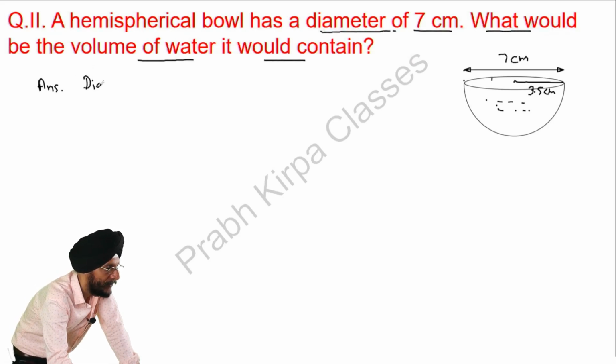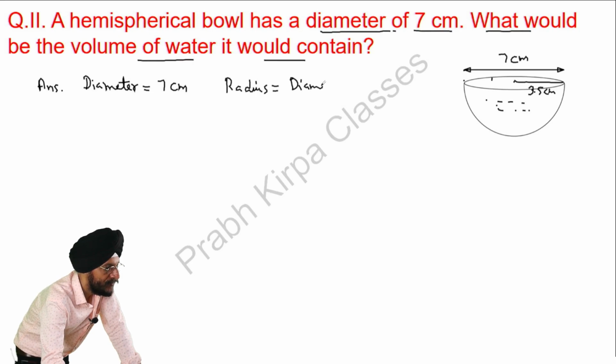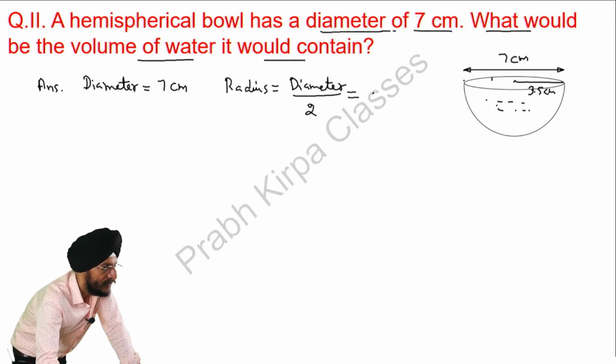So now we will answer this question. What we have been given? We have been given the diameter. This is 7 centimeter. We know that radius is half of diameter. So radius is 7/2. It is 3.5 centimeter.